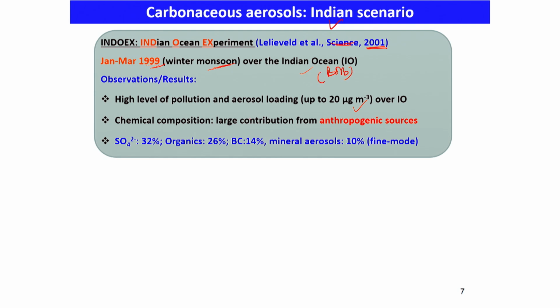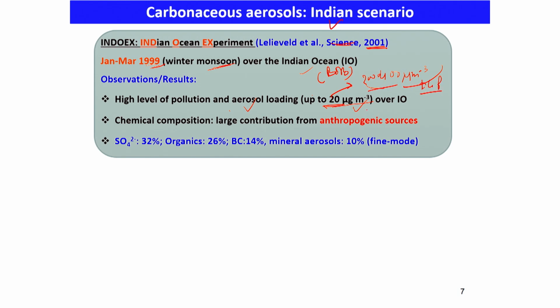So, if you see here, they found very high levels of aerosol pollution, with aerosol loading up to 20 microgram per cubic meter. Remember, this 20 microgram per cubic meter is quite low compared with the current situation. For example, these days the concentration might be 200 to 400 microgram per cubic meter in the IGP.